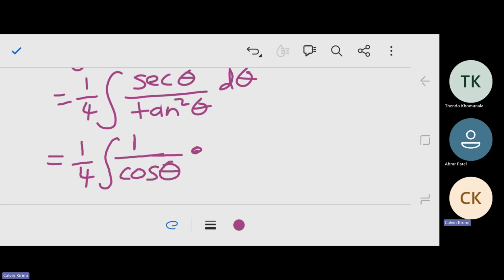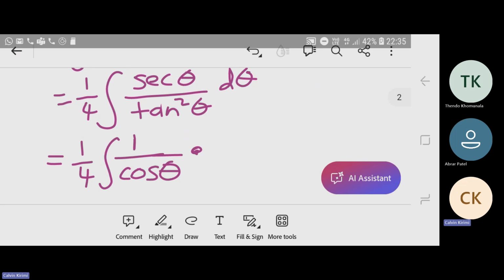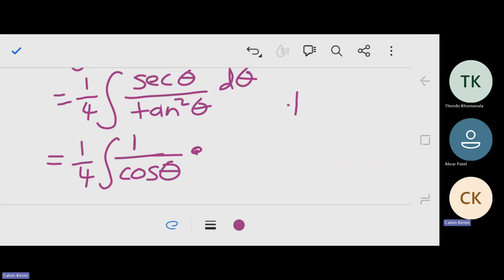Remember, tan is sine over cos, so tan squared theta is equal to sine squared theta over cos squared theta.